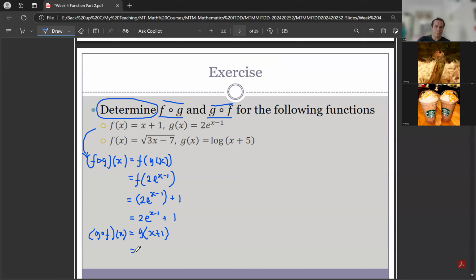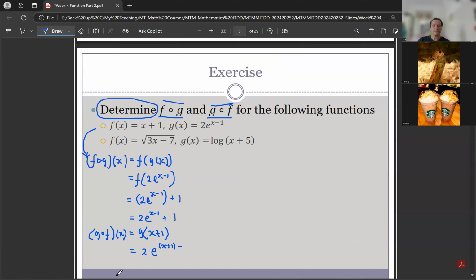So this is g of x. Here, in g of x, replace x by x plus 1. So we have 2 times (x plus 1) plus 1 plus 1, and minus 1 to the power of e.